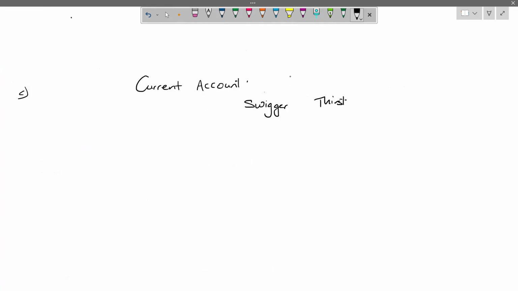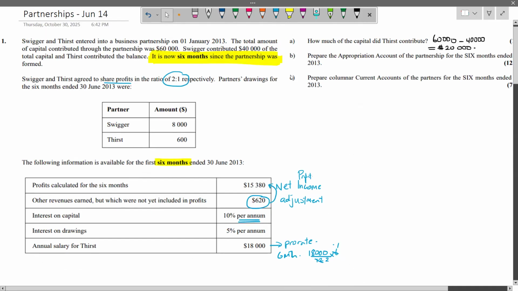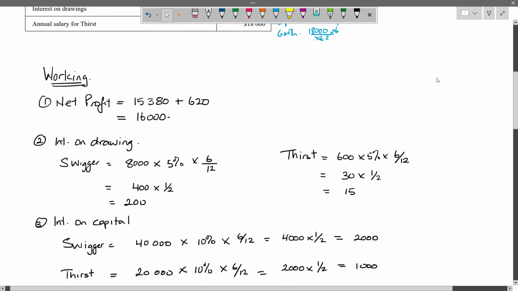Now we have opening balances for these guys. Did they give us? Oh no, this is for the first 6 months. This is not one of those questions where they started with our opening balance. They're brand new, and this is the first 6 months. So no opening balances for them.